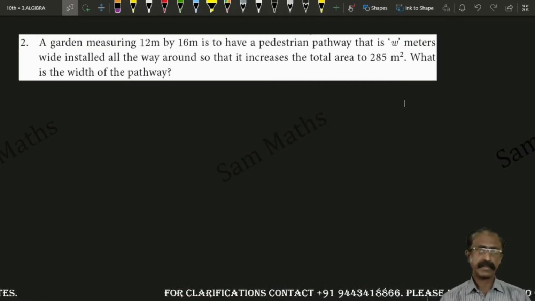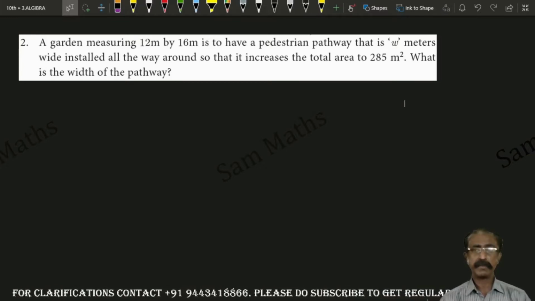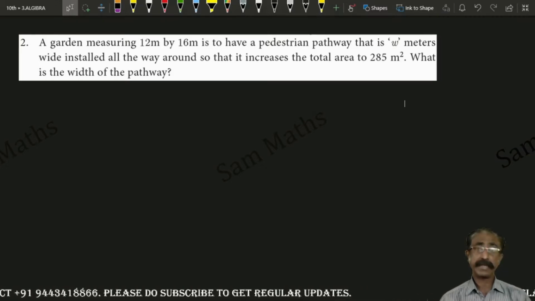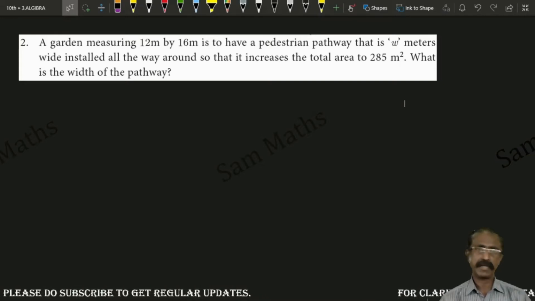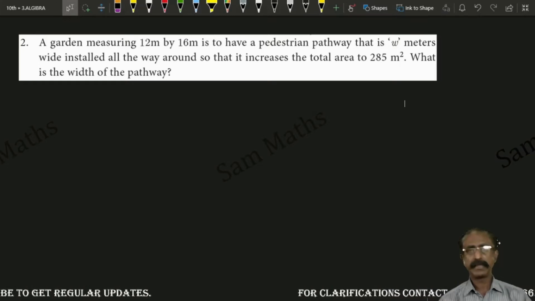Second question, a garden measuring 12 meter by 16 meter is to have a pedestrian pathway that is W meters wide installed all the way around so that it increases the total area to 285 meters square. What is the width of the path? It's required.